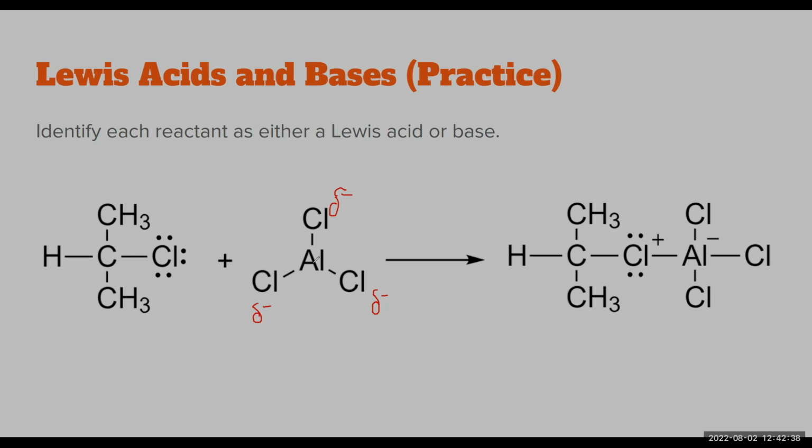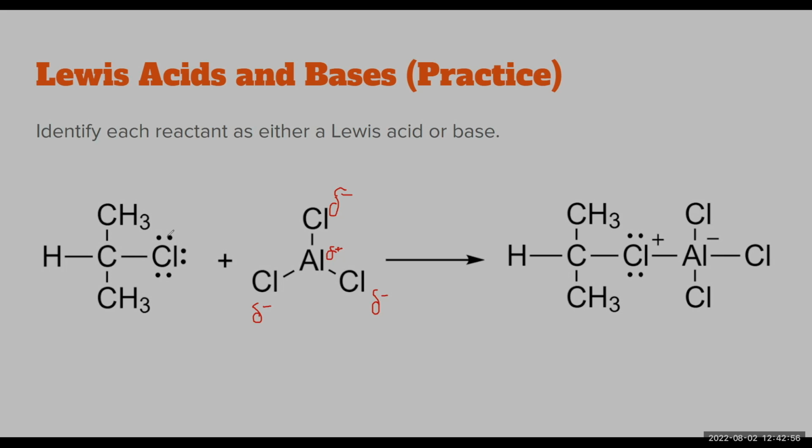And aluminum is not nearly as electronegative, so it's going to have its electron density taken away by the chlorines. Whereas if we look at this molecule on the left, we can see there's going to be Cl.